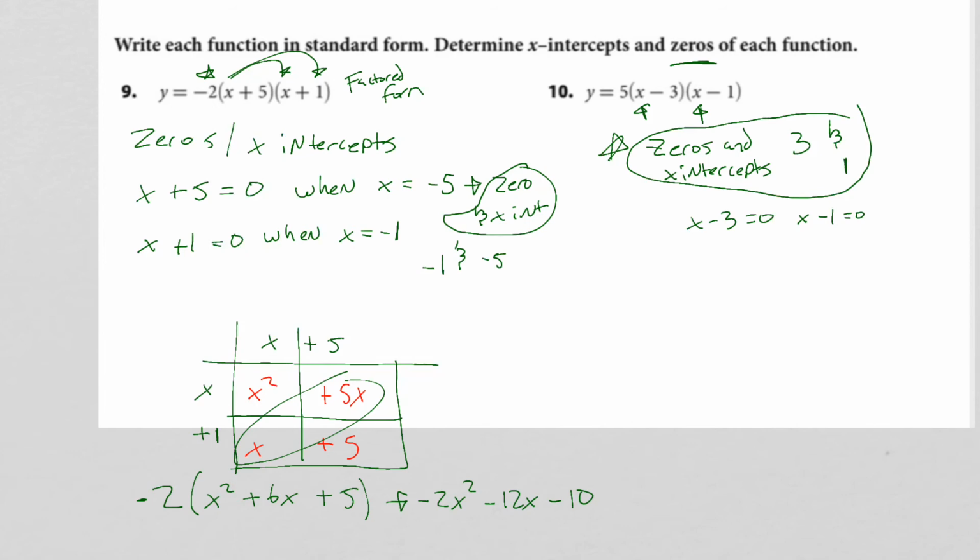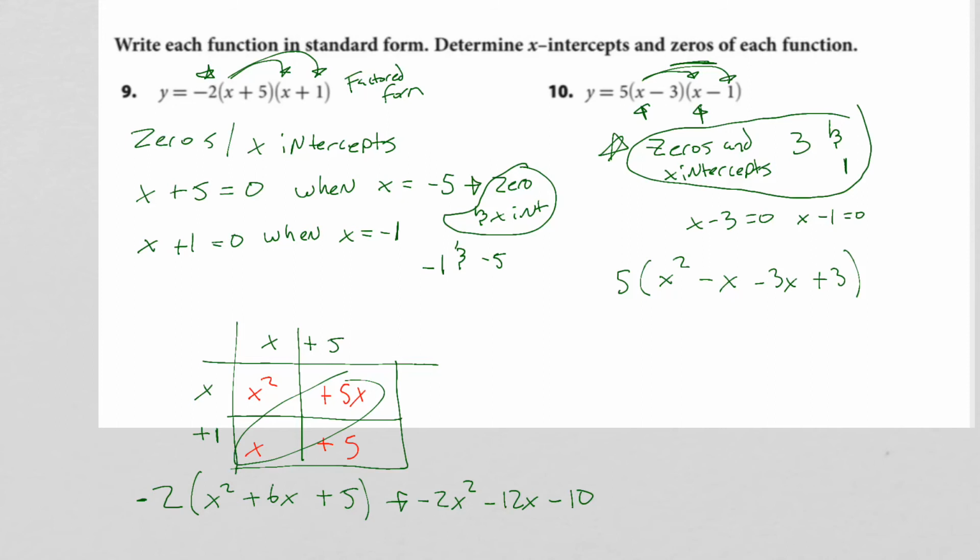And now let's put it in standard form. If I FOIL this out, I'm going to get x times x is x squared. x times -1, -x. -3 times x, -3x. -3 times -1, +3.